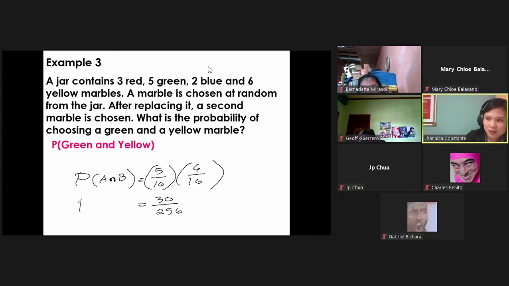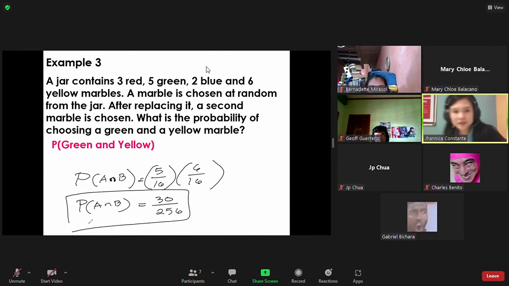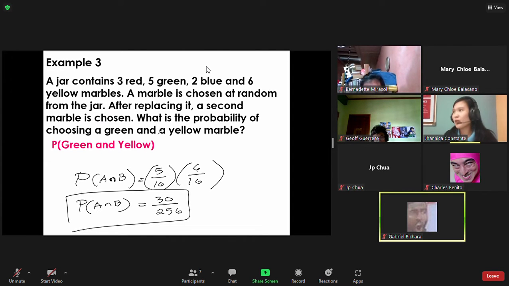So that is the probability that we will get a green and a yellow marble. Okay, that's the independent event. Now let's proceed with the dependent.